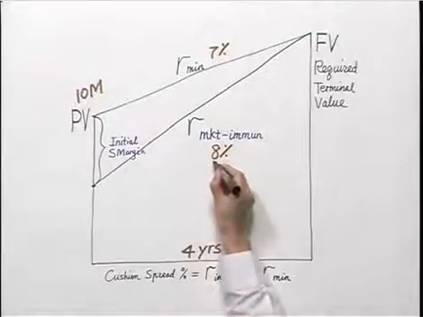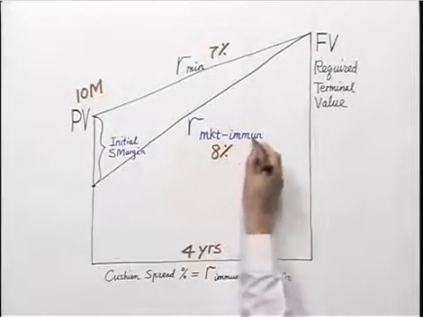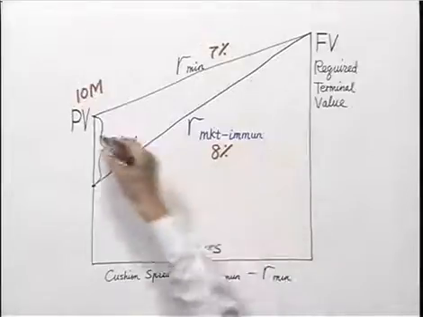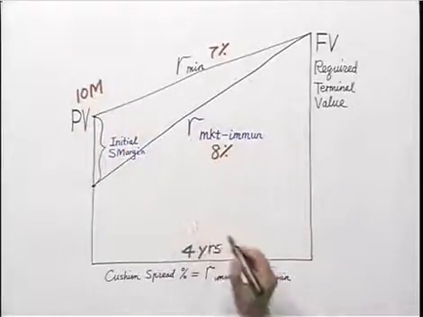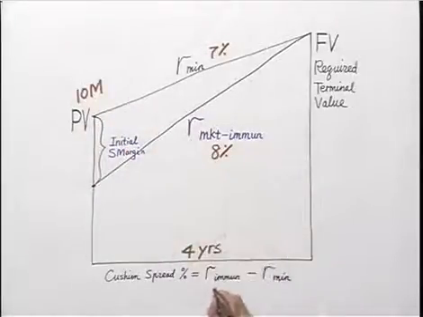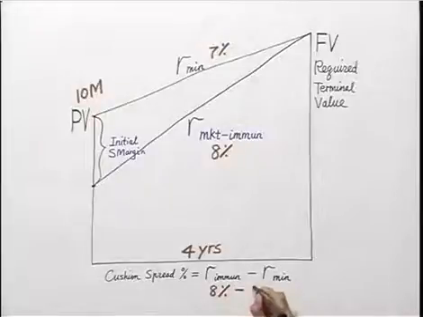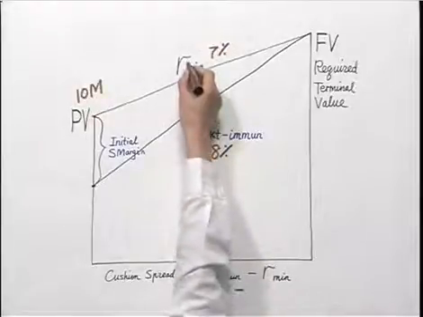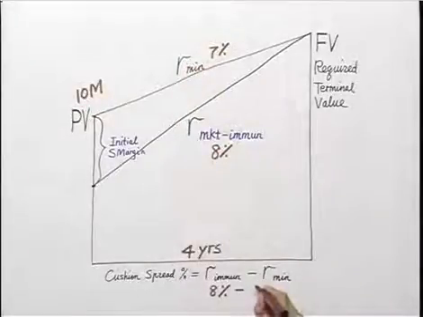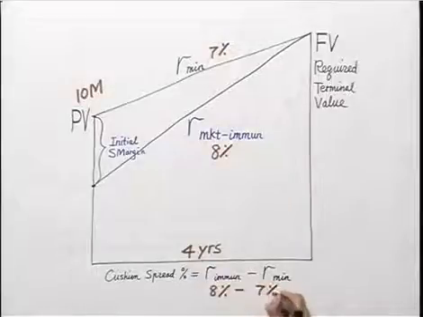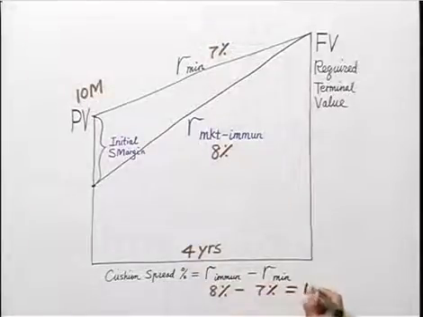The market rate available for you to immunize the growth of your assets is 8%. So here we use 8% minus the minimum rate that we require from this portfolio, 7%. We would get 1% as our cushion spread.